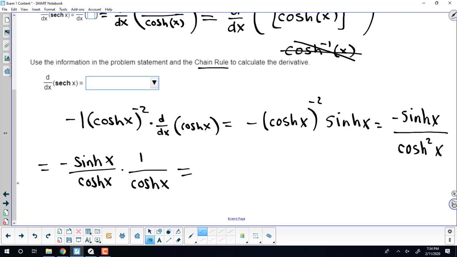Maybe I should have just written it the other way, but whatever. I don't know why they would specify to use the chain rule, because you could use the quotient rule as well. All the same.